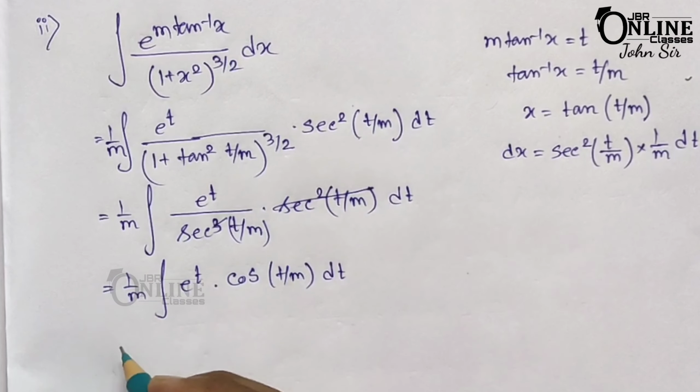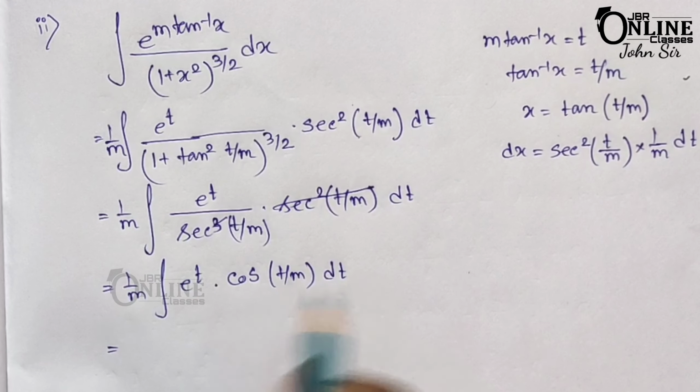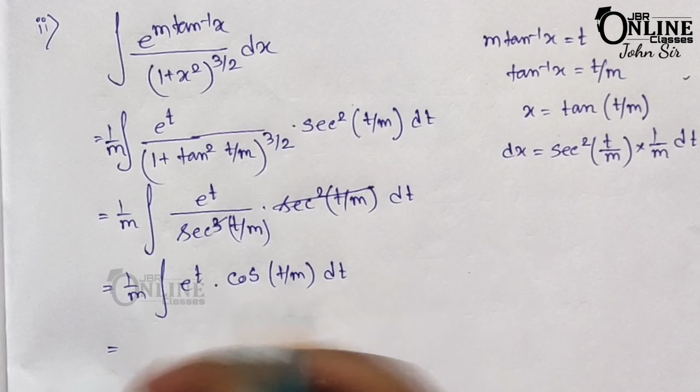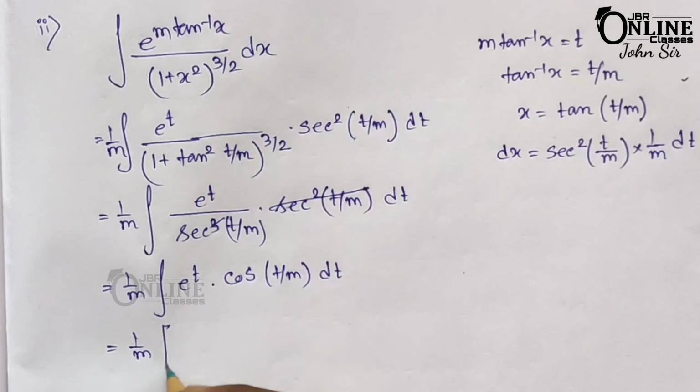Now integration with respect to here by parts. So 1 by m, then first write down cos t by m, then integration e to the power t, it will be e to the power t minus, then here derivative of cos t by m, so plus, then sin t by m.